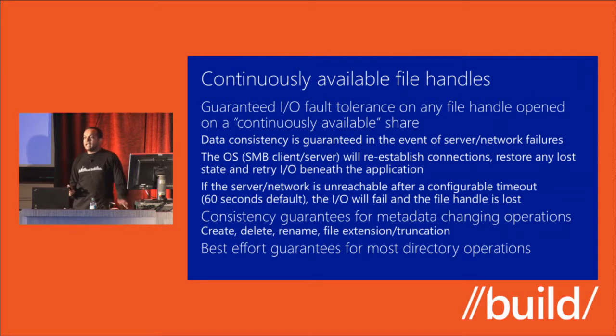It will not return an error due to any intermittent network failure. So you get consistency. If you do a read or a write, you are ensured that the data is persisted on disk. And if a connection is lost in the middle of a transfer, we will automatically reestablish the connection, or we will replay the I/O using a different channel. It's completely hidden to applications.